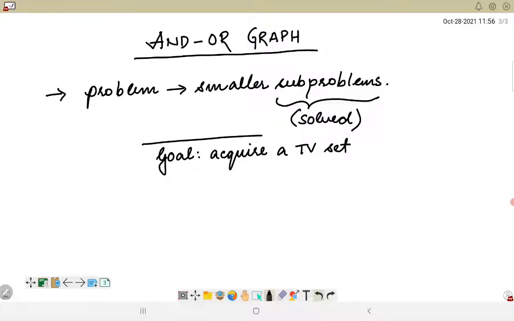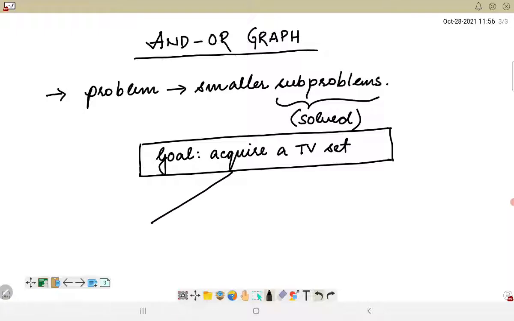So this is the goal which I have, and in order to realize this goal or this activity, I have a number of options available. So this entire problem of acquiring a TV can be broken down into sub problems, which will ultimately lead me to acquire this TV. So what can be the possible options of acquiring a TV?